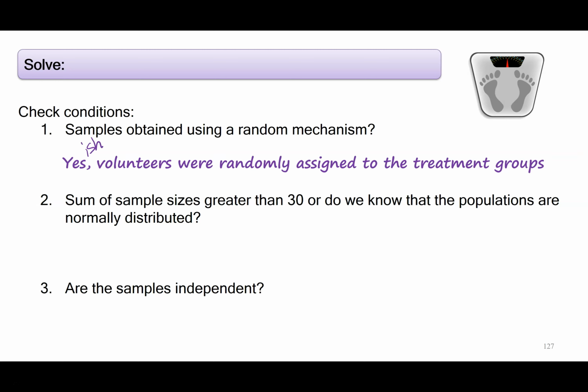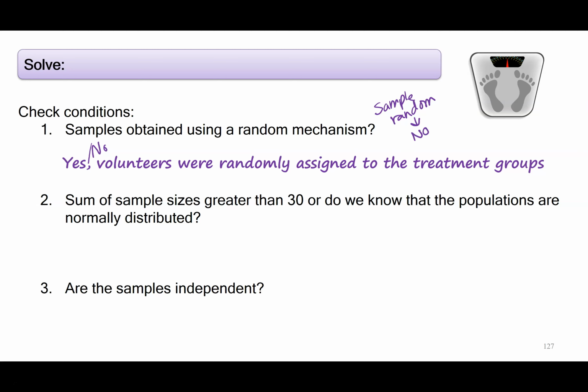I'm going to say yes-ish. They were randomly assigned to the treatment groups. But the volunteers themselves, it sounds like a volunteer sample. So, yes and no. Like, it wasn't a random sample, but it was randomly assigned to treatments.